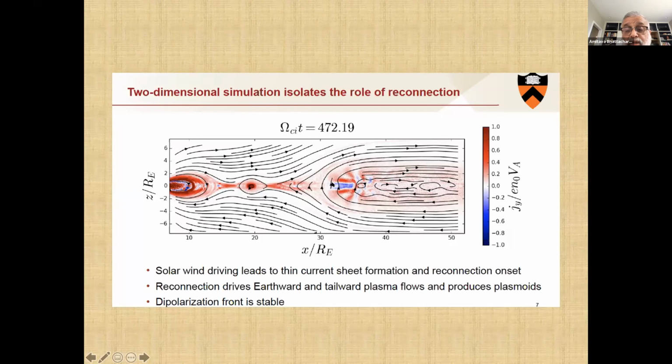And they carry with them what is called a dipolarization front. This was actually discovered by Themis. The front moves inward. And what Sam is seeing here is that in 2D this thing reconnects and the front propagates inward, just as it is reported in Themis.